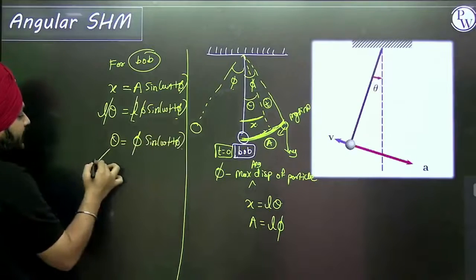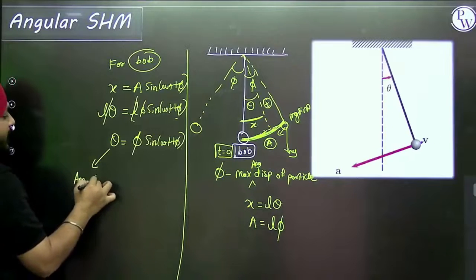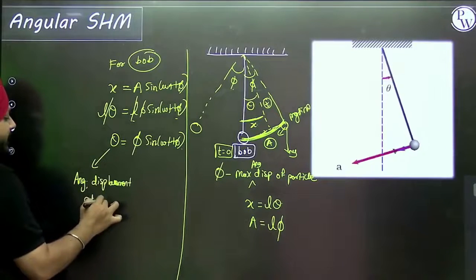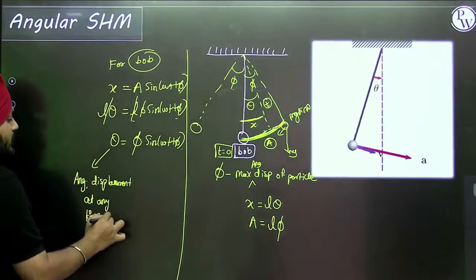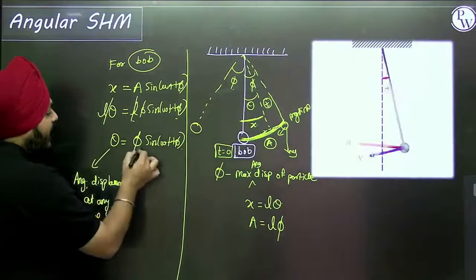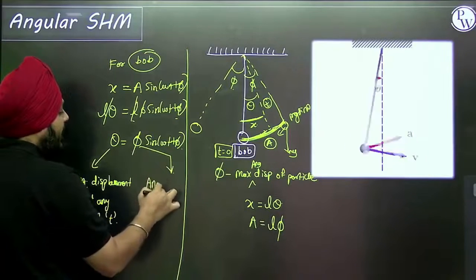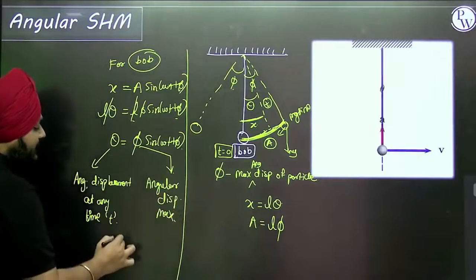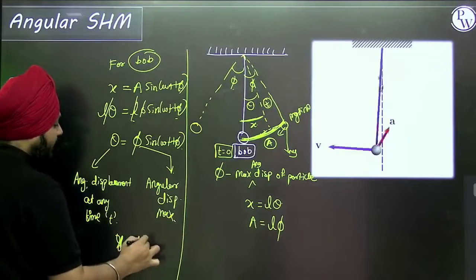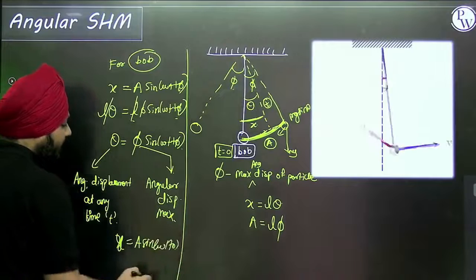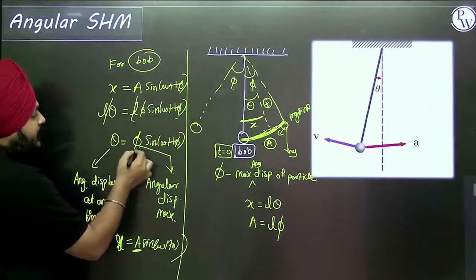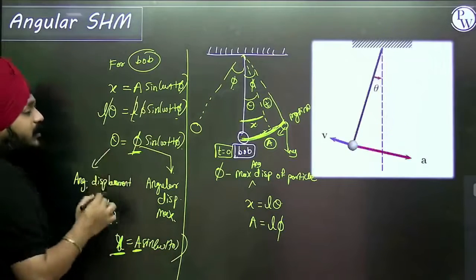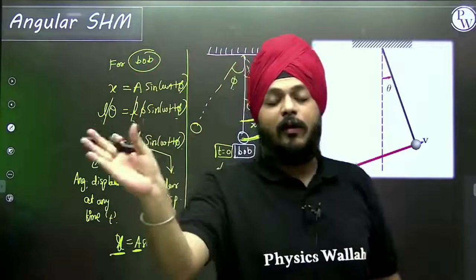In the case of angular SHM, this is the angular displacement at any time t, and phi is the maximum angular displacement. In SHM, we had x or y equal to a sine of omega t plus phi, where a was the maximum displacement. Here phi is the maximum angular displacement, and here theta is the angular displacement at any time t. This is the actual difference.